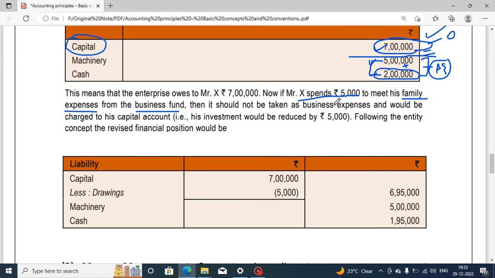So it is a personal expense. We should not mix these personal expenses with the business expenses. We have to segregate it. How to segregate?